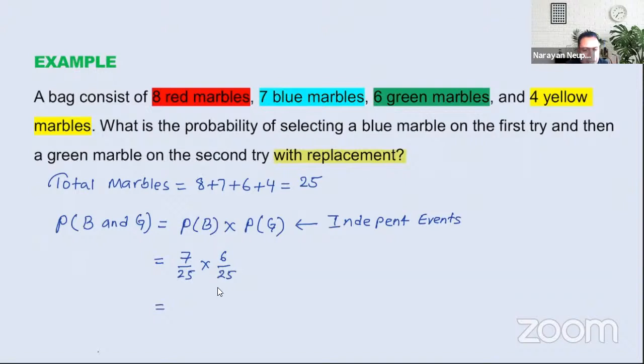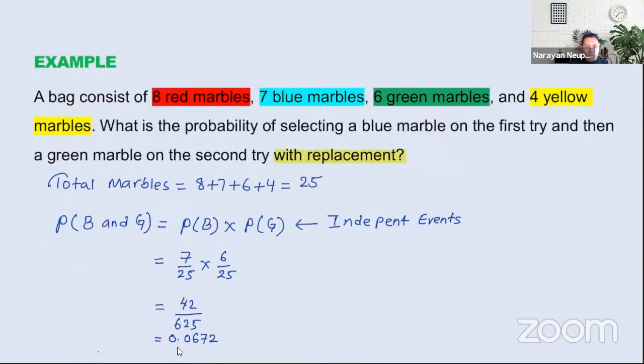Now, in order to multiply this, we multiply numerator with numerator, denominator with denominator. 7 times 6 is 42, divided by 25 times 25, which is 625. Now if you simplify this using a calculator, 42 divided by 625 is 0.0672.